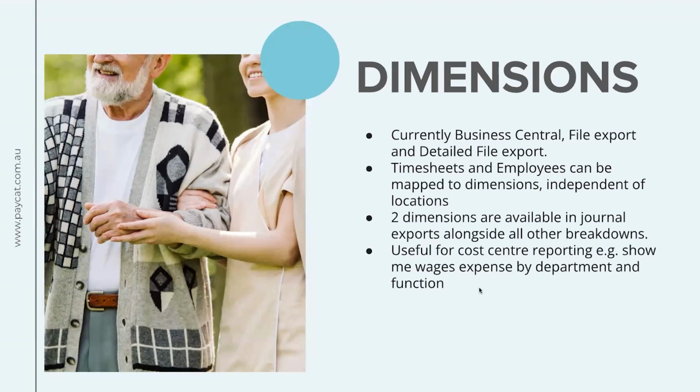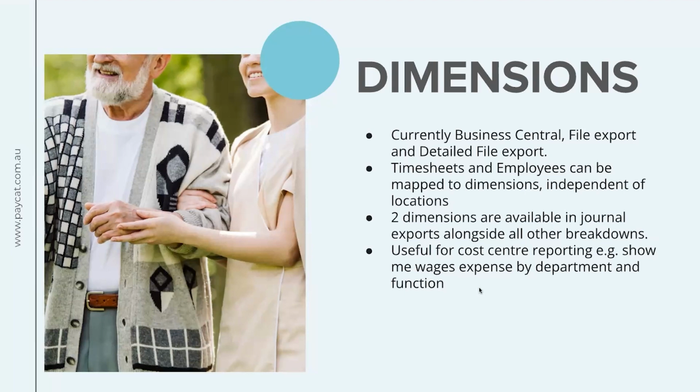So in my example, show me wages expenses by both department and by function. So maybe I was in marketing and I am also involved in delivery, that kind of thing. So they're separate, they're mutually exclusive. So it doesn't really suit our location hierarchy as much. It's usually used for reporting to cost centers or something like that. Xero has the idea of tracking categories. This is similar in approach.